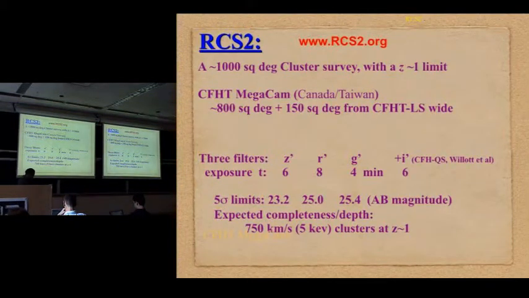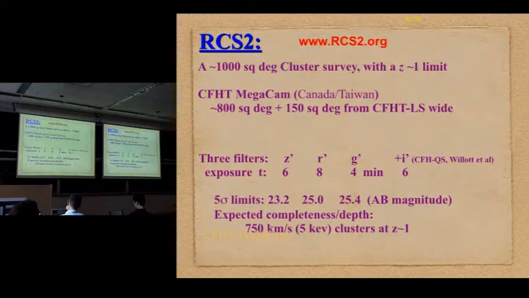And when CFHT built MegaCam, a 1 square degree camera, we started the RCS2 project, which is a 1,000 square degree survey. It's a little bit shallower than RCS1, but we think we can still go up to redshift 1 with a limit of a couple times 10 to the 14 solar masses.